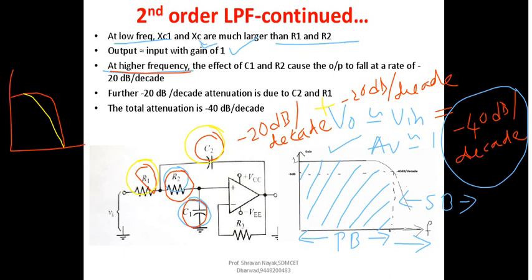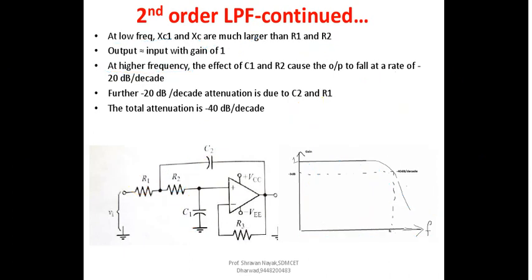Now, the explanations regarding the equations and other things I have already given in the first order filter hold good here also, but the total attenuation is going to be minus 40 dB per decade. So this is the aspect of the second order low pass filter, right? Now how exactly we will do the design and other things for the second order low pass filter, that we shall see in our next slide.